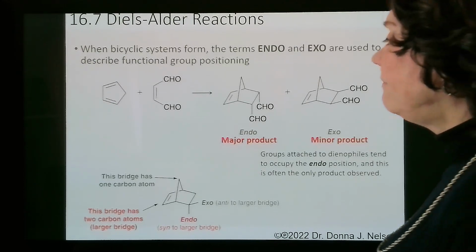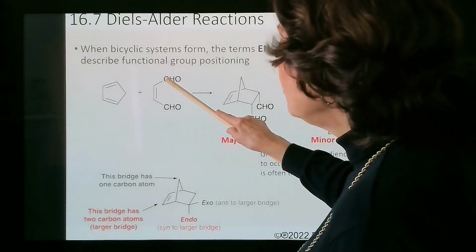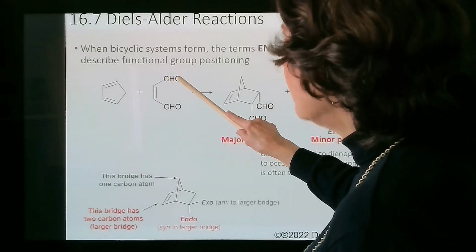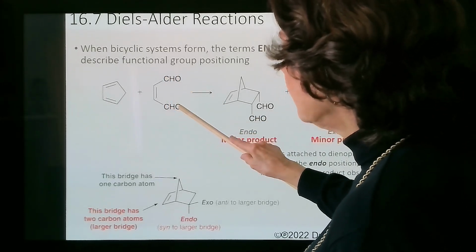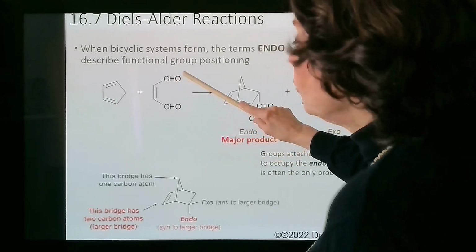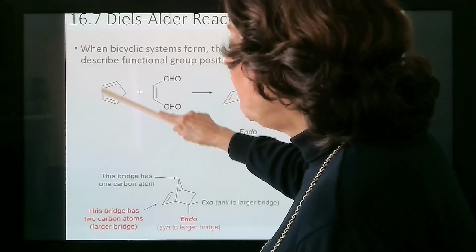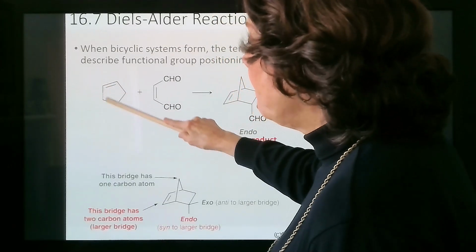The electronic effects happen when you have a pi system. Notice this will have a carbon double bond oxygen, carbon double bond oxygen. So there are pi systems in these substituents, and they will interact with the pi system back here.